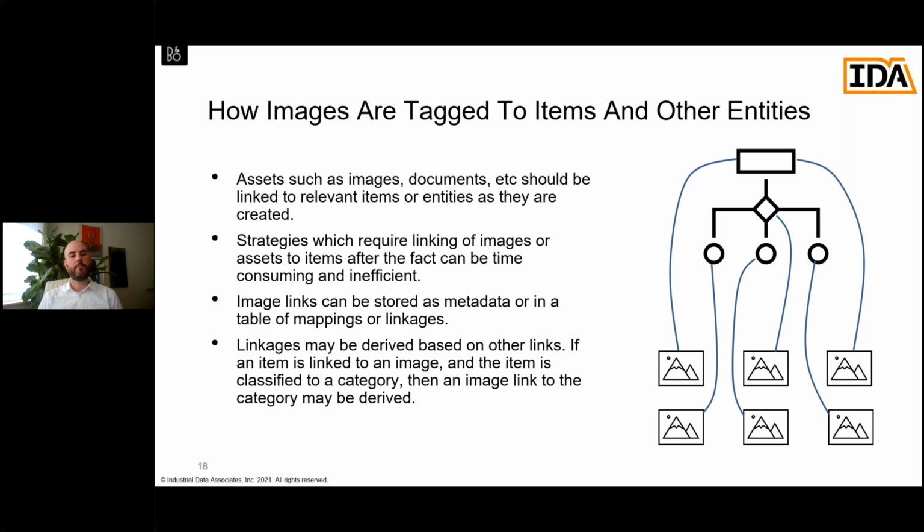If you're gathering images from a manufacturer, for example, and you're a distributor and you want to put them on your website, you may derive a link based on the manufacturer's listing of what products are depicted by this image or what products are covered by this spec sheet. And so that is another possible way of gathering some of these linkages, but if you don't derive them or you don't create the linkages as you're creating the assets, it is a big project to go back and link some of these assets up.